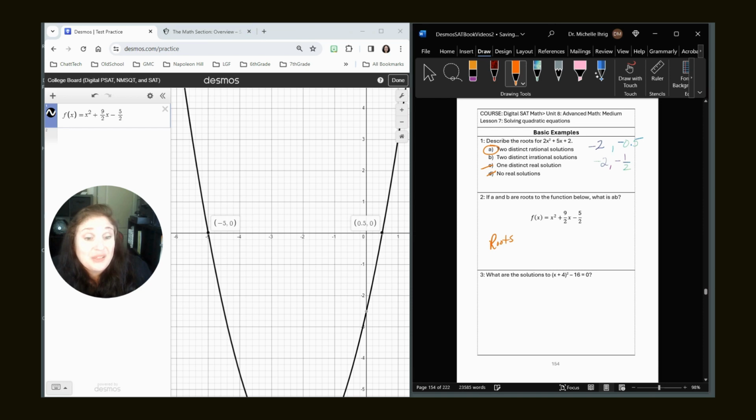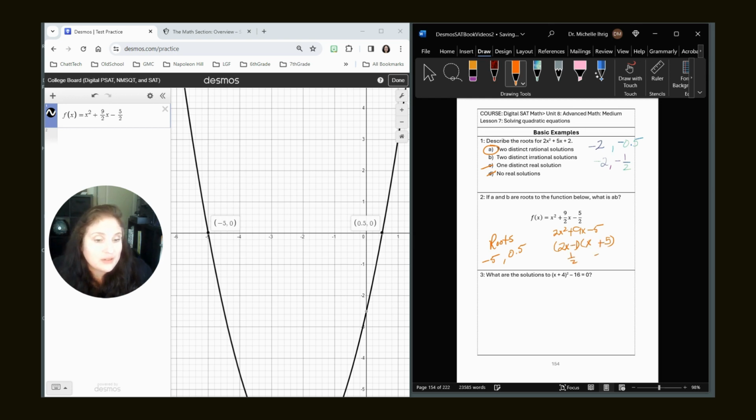Now, the long way to do this would have been to multiply everything by 2, which would have given you 2x squared plus 9x minus 5. Then you would factor it this way, with 2 and 5, x and 1, a positive here and a negative here.